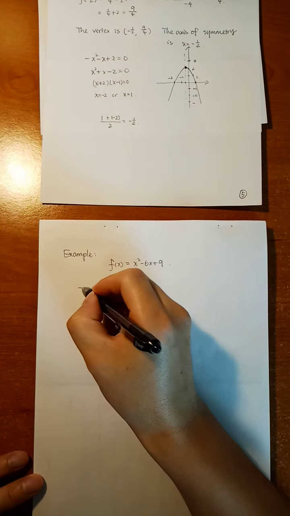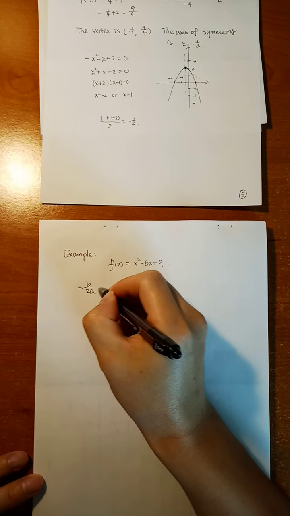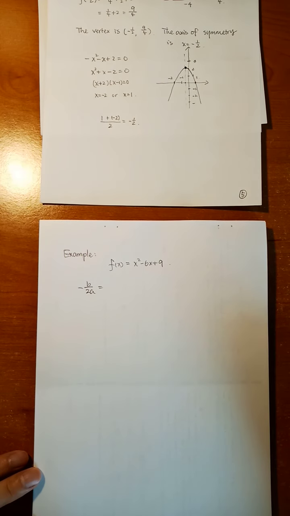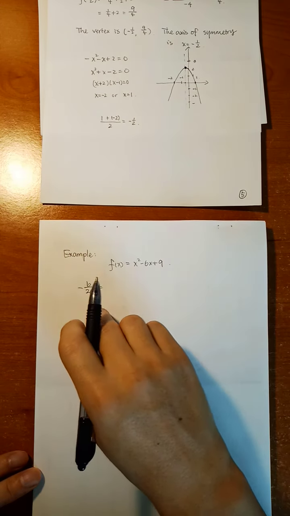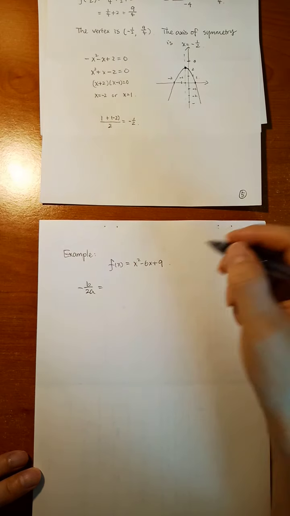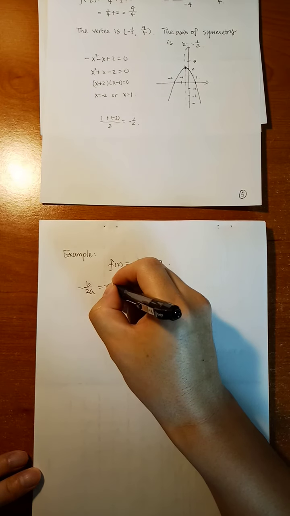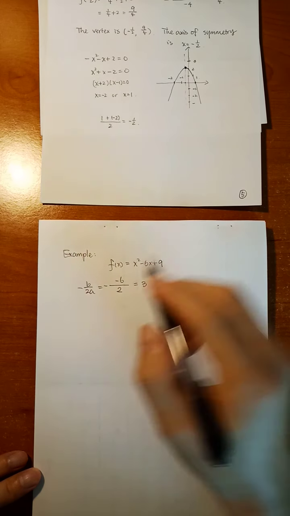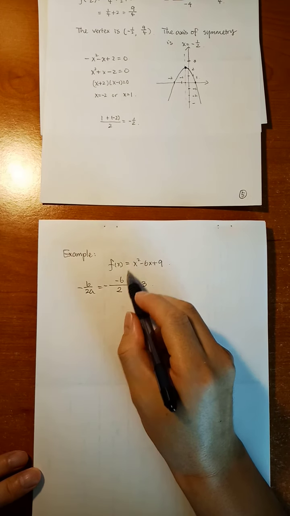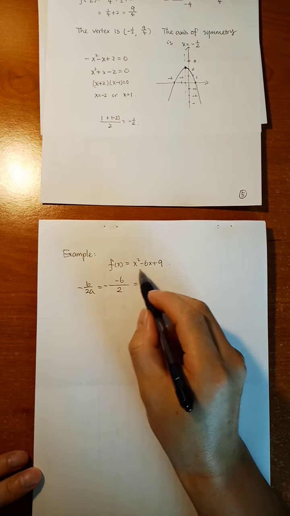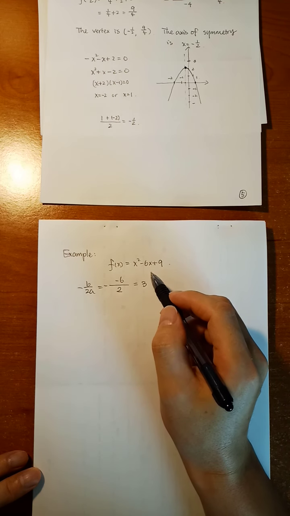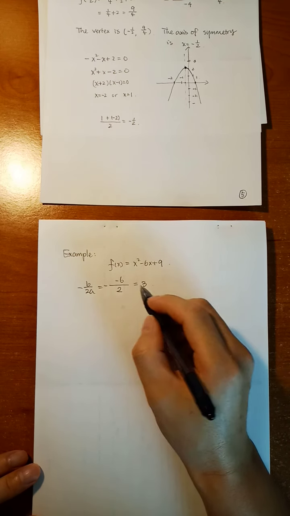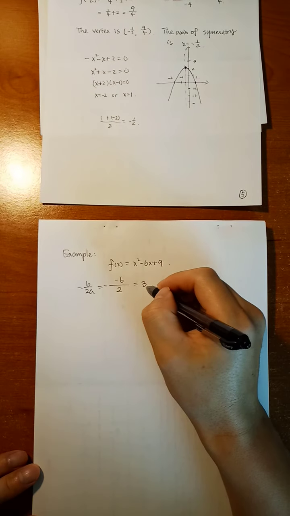First, let's find the x coordinate of the vertex, negative b over 2a. Negative b over 2a: a is 1, b is negative 6. Again, a, b, c all contain the sign. Okay, so negative b over 2a is 3.